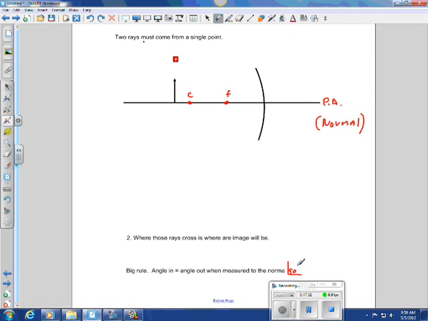Okay, that's our rule, our big rule. Well, angle in equals angle out when measured to the normal.